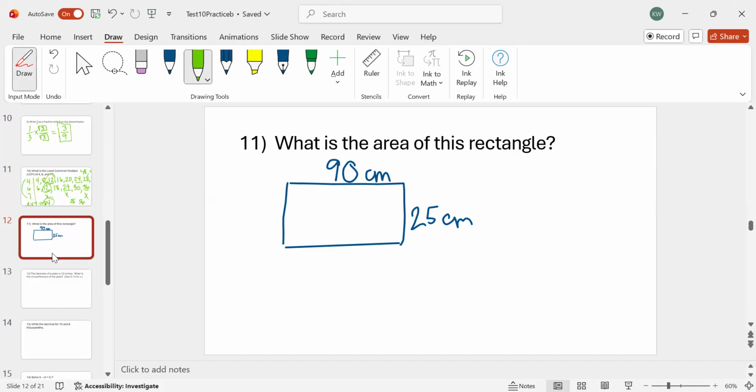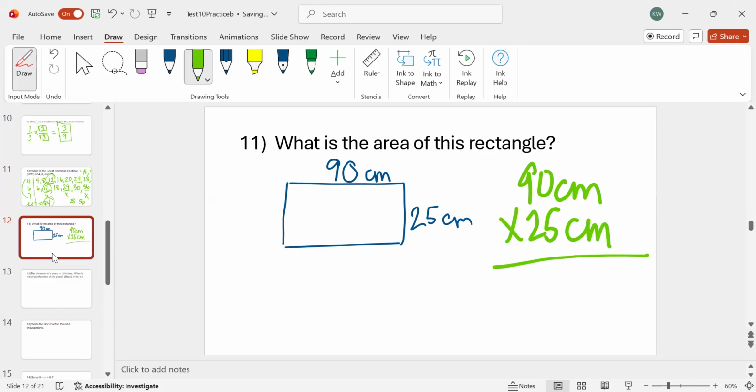All right. So you need to do base times height. So we take those two dimensions and multiply them together. 90 centimeters times 25 centimeters. 5 times 0 is 0. 5 times 9 is 45. Put a 0 placeholder there. 2 times 0 is 0. 2 times 9 is 18.